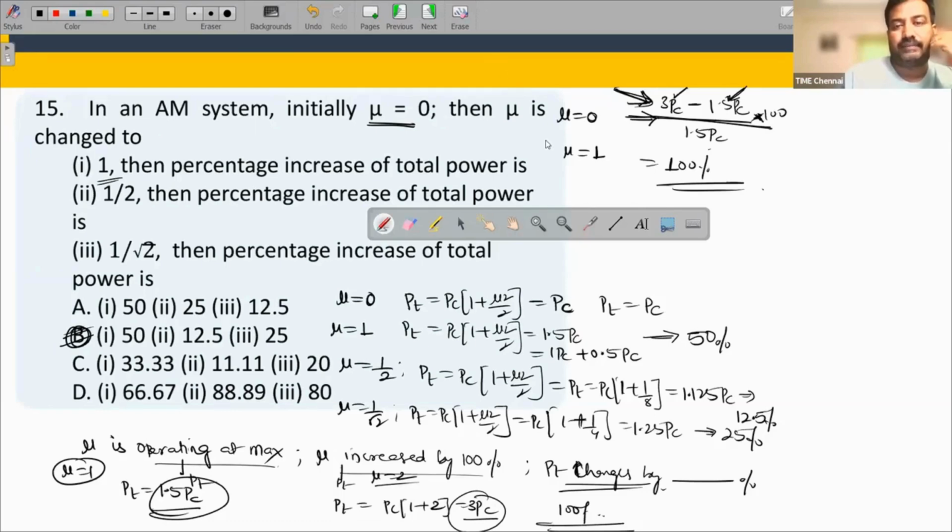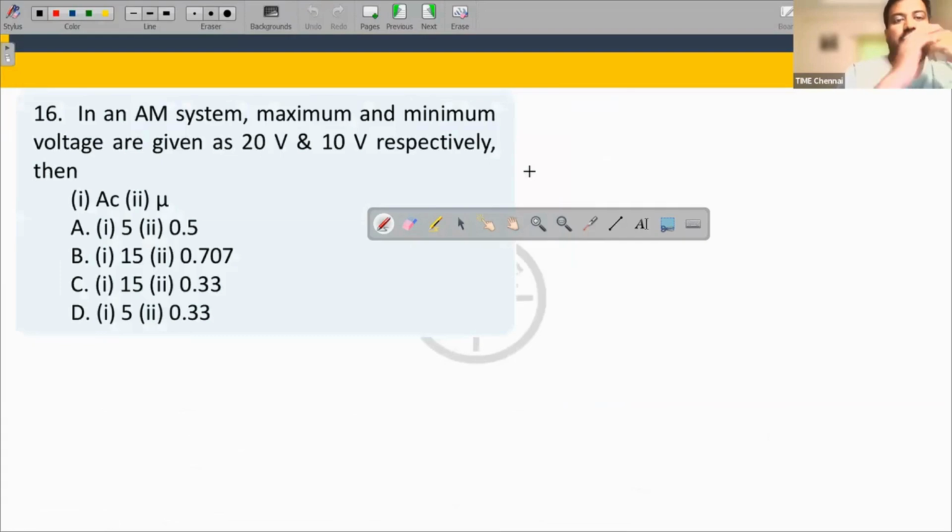Shall we go for the next question then? Solve this.